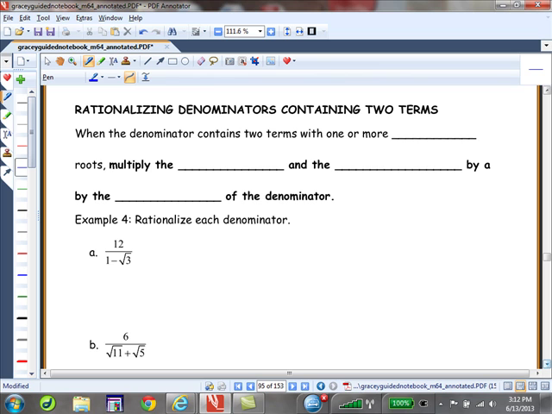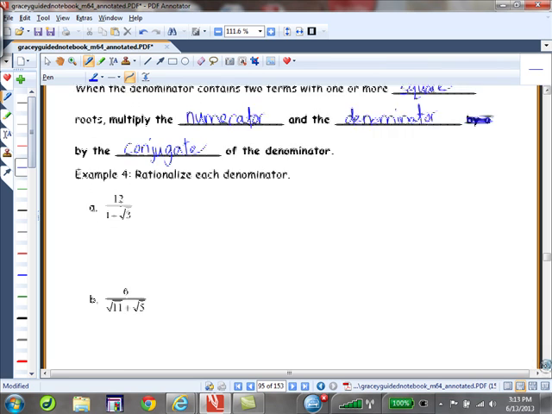So when the denominator contains 2 terms with 1 or more square roots, in this case we're going to be dealing just with square roots, not any other index, multiply the numerator and the denominator by the conjugate of the denominator, because the conjugate, as we talked about before, will yield a rational number.